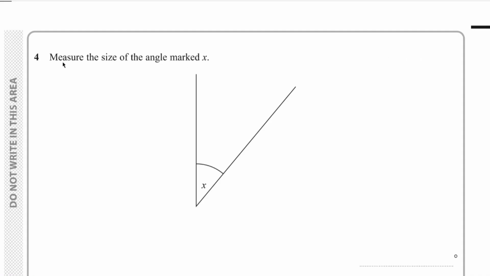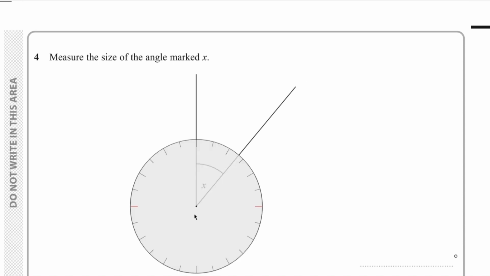Question 4. Measure the size of the angle marked X. The angle in between these two lines is the angle X. If we place our protractor in the position shown here, we can use it to measure the angle X. So, measuring, what you can see is the angle X is 39 degrees.